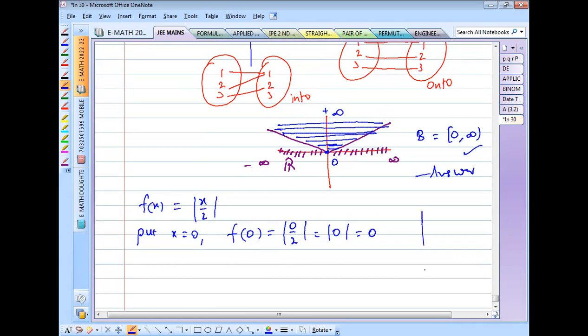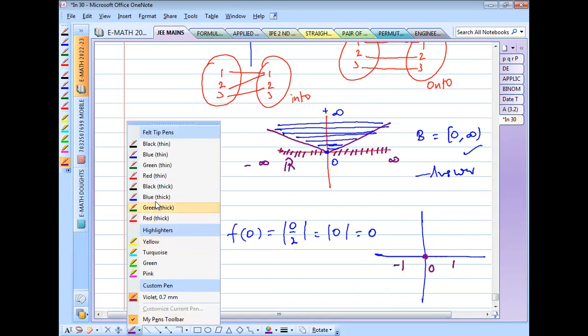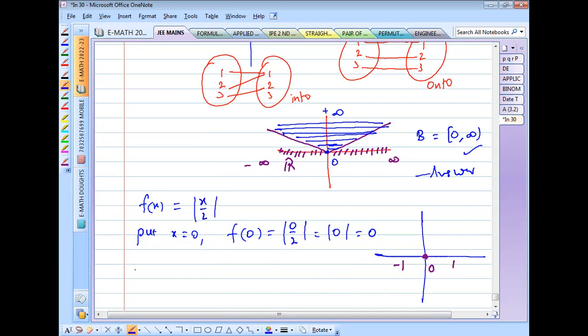That means in the graph, you take the point like this. For 0, the functional value is also 0. Now take 1, and also take minus 1.